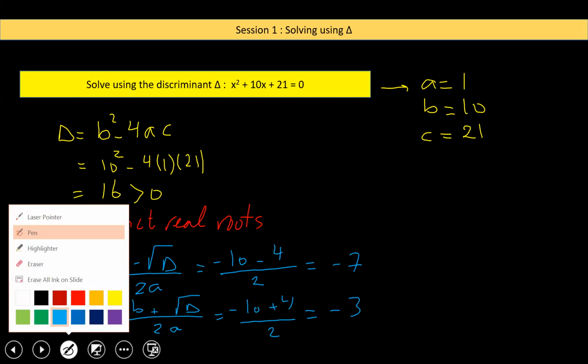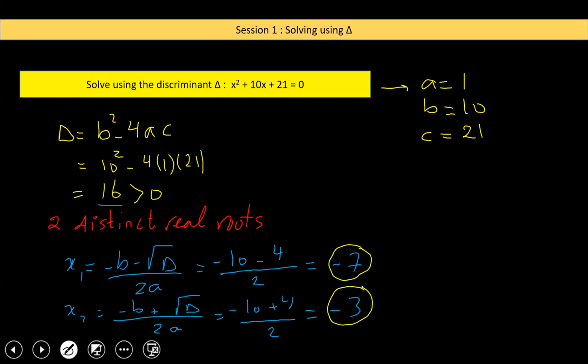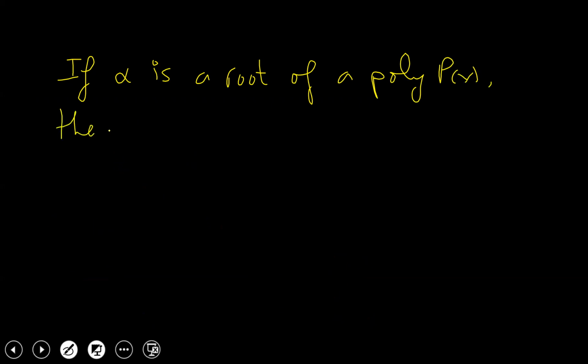Remember when we factorized using completing squares, here we will learn factorizing in another way. If I have the roots of the polynomial, according to a very important rule from grade 10, which indicates that if alpha is a root of a polynomial p of x, then x minus alpha is a factor or a divisor of p of x.